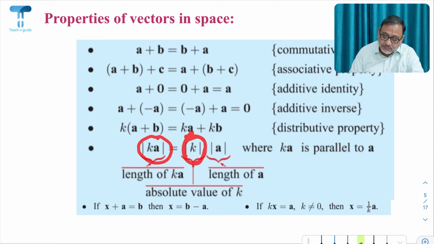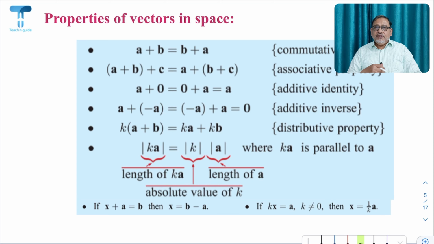So we have to put absolute value into the magnitude of A. That will give us the resultant vector, okay? So it means to find the magnitude of k into A, where k is a scalar, we can keep k aside, absolute value of k, into magnitude of A, okay?